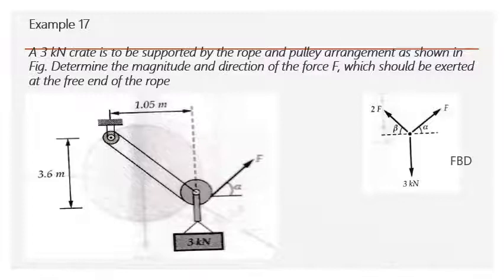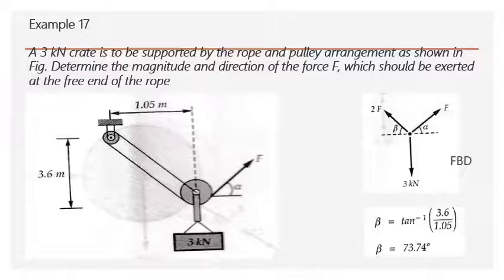Just apply Lami's theorem, or if you want you can apply the conditions of equilibrium also. Here we have to find the angle beta and angle alpha also. How to find? If you observe, data are given: 3.6 meter and 1.05 meter.